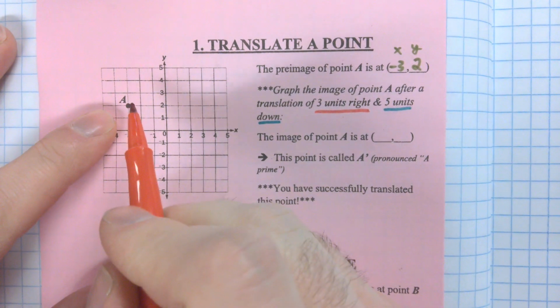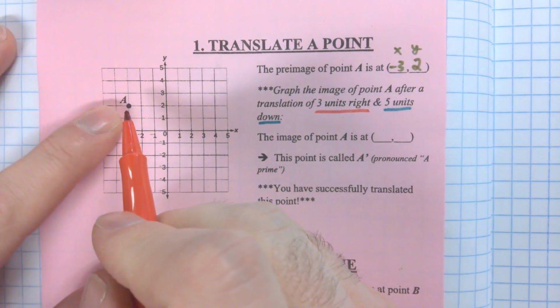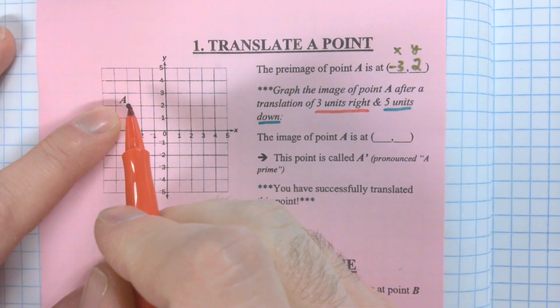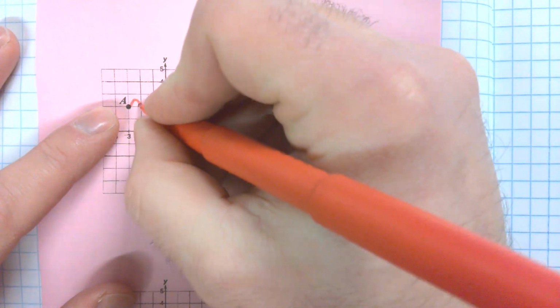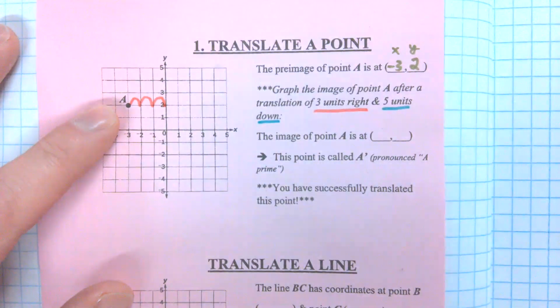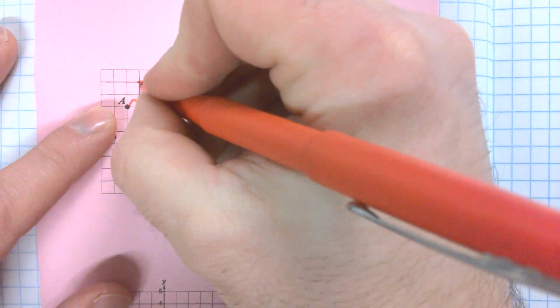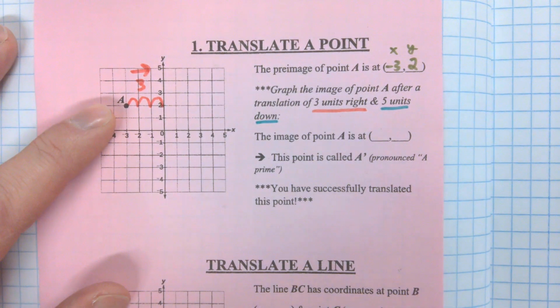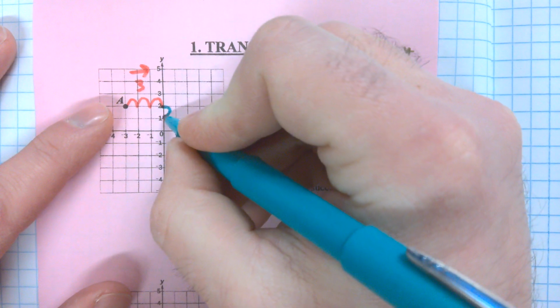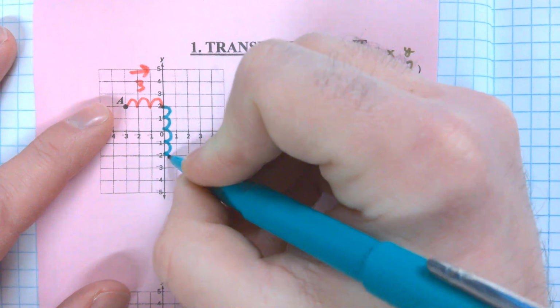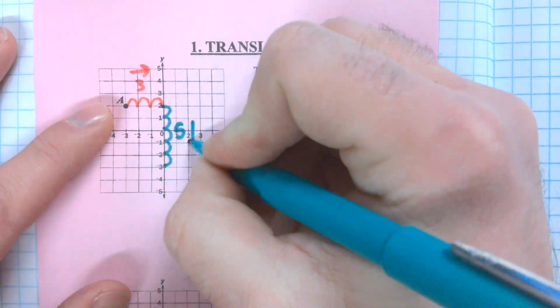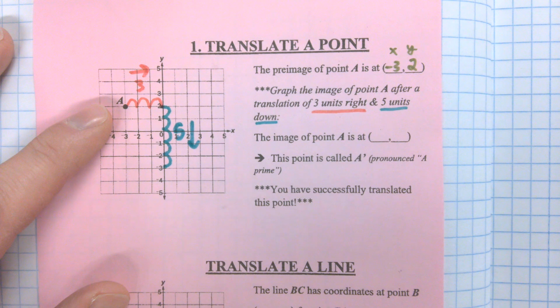So from this point A, we're going to count 1, 2, 3 units to the right, and then 1, 2, 3, 4, 5 units down.